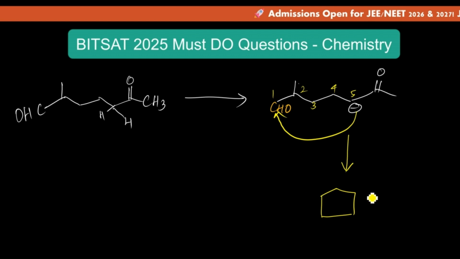Let's say this is the fifth position. In the fifth position I have double bond O CH3, and in the first position I have O minus, because here it must have formed something like this, correct? Now O minus is there, and anything I missed? In the second position, I have one CH3.